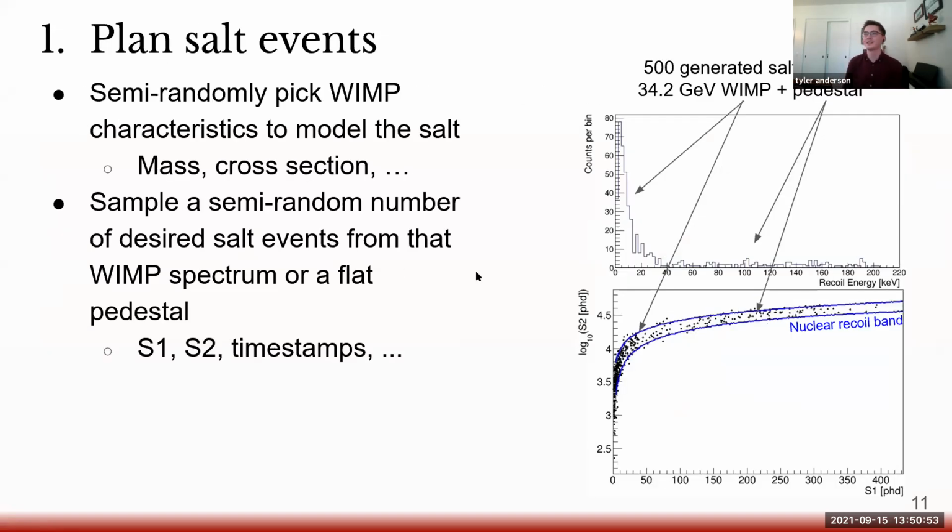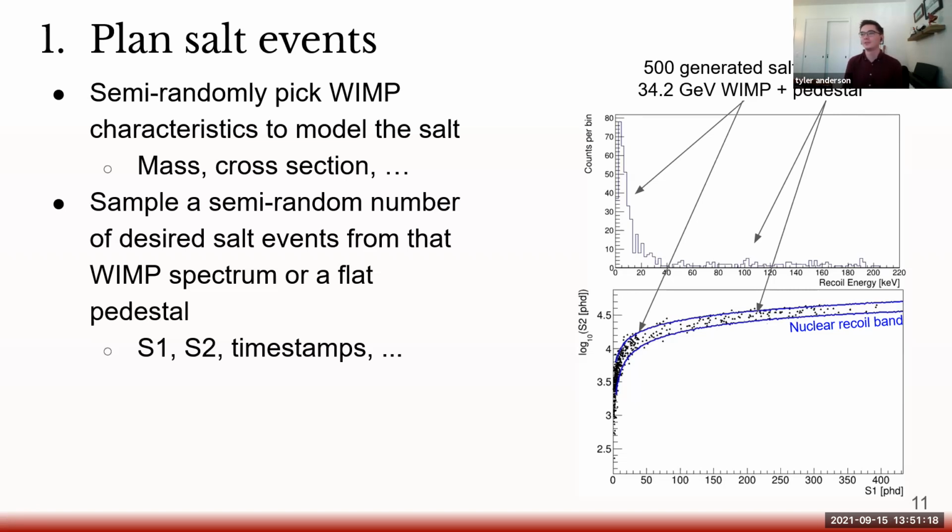A lot of thought actually has to go in at the very beginning on where we want to place these salt events in S1, S2. That starts with semi-randomly picking a WIMP model to characterize the salt. I say semi-randomly because this shouldn't be something that's known by either the people who coded this process or the people who ran the code.